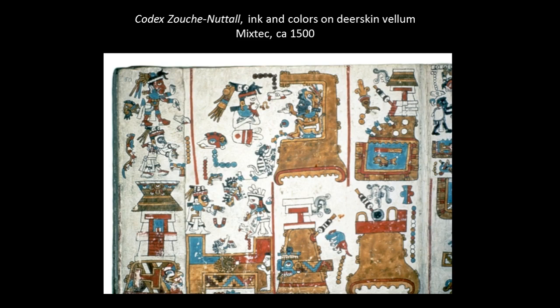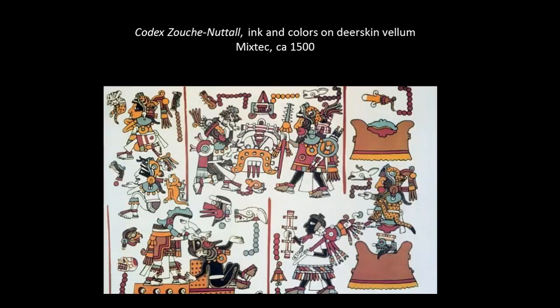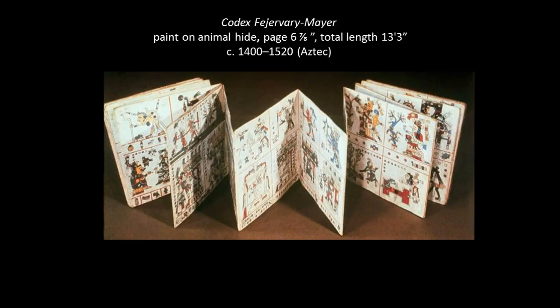The Mixtec surviving artworks include codices or books like the Codex Zouche-Nuttall, which outlines the history and exploits of 8-Deer Tiger Claw. Like earlier Maya and contemporary Aztec codices, the Codex Zouche-Nuttall is not bound on one edge, but instead opens like an accordion, which you can see here.